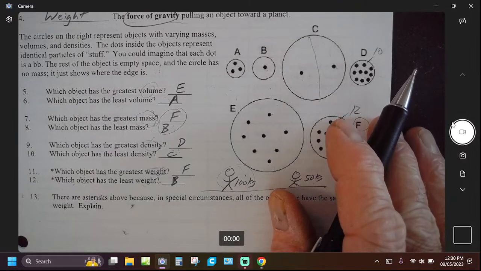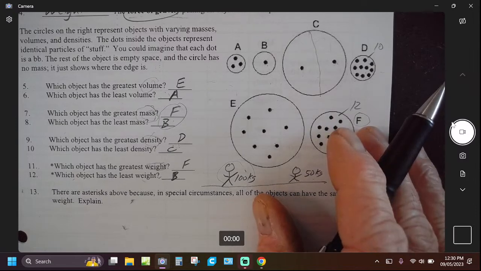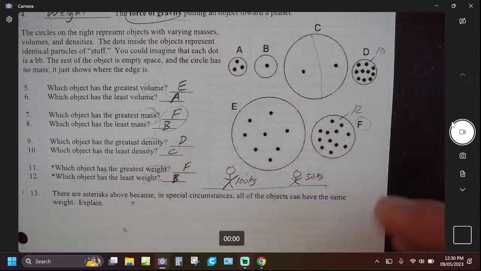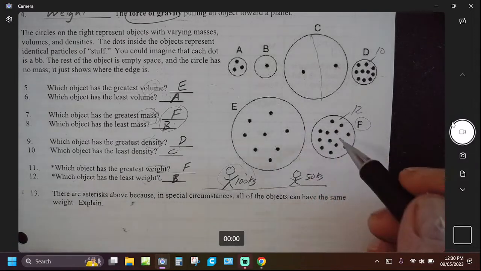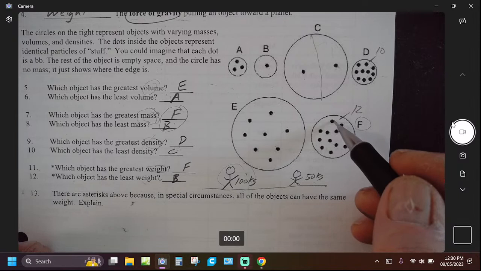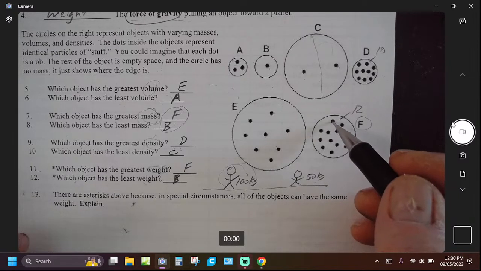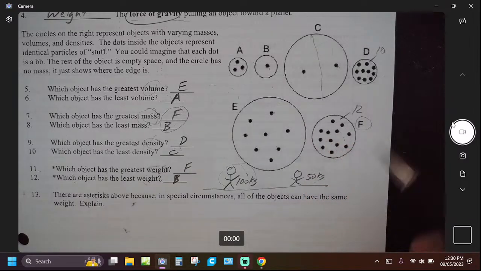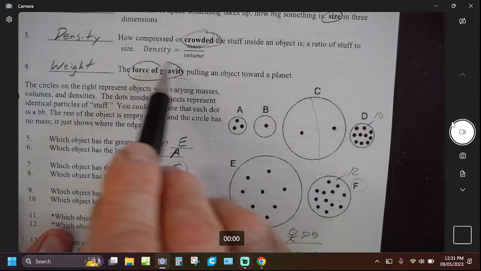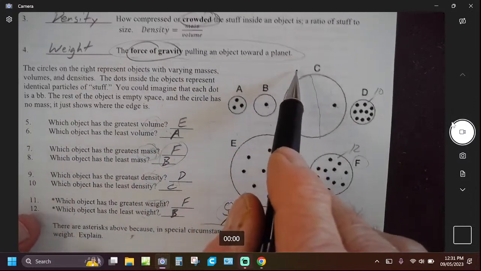So if these were bigger BBs and these were smaller BBs, well, that would still affect the mass. If you had all these BBs that were twice the volume of these, then each one of those would count twice as much for mass. So it's something different. It has to do with the definition of weight. Weight is the force of gravity pulling something toward a planet.